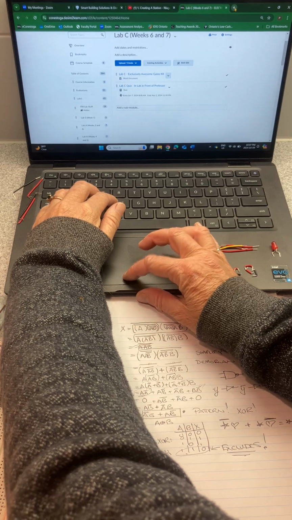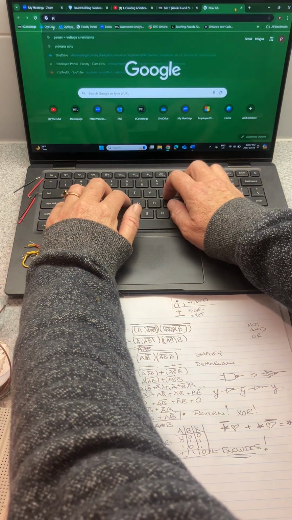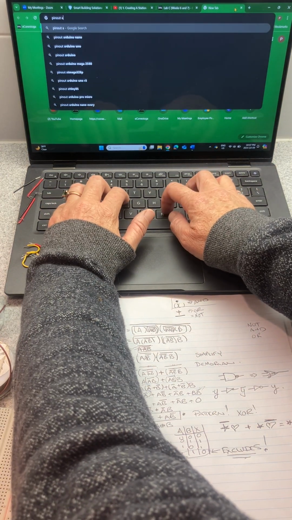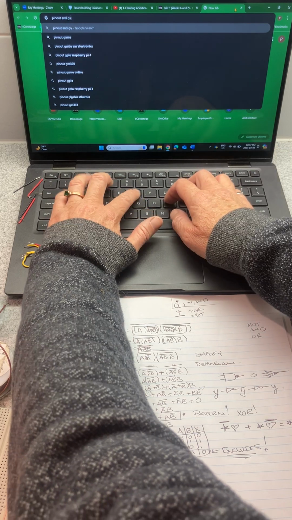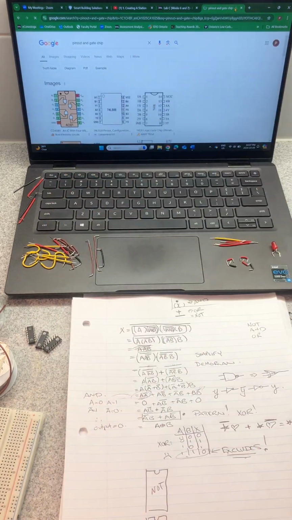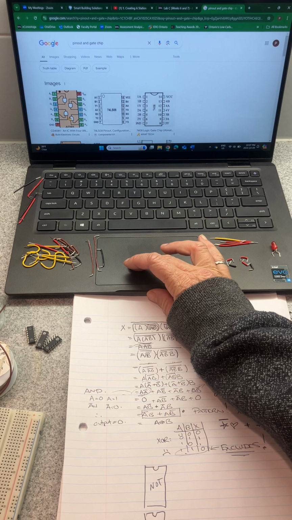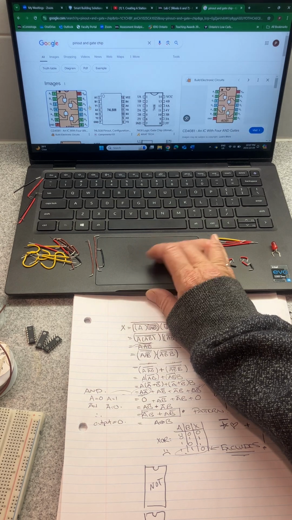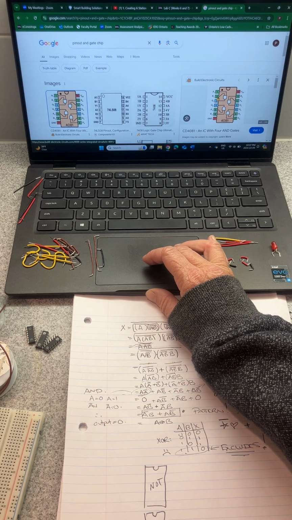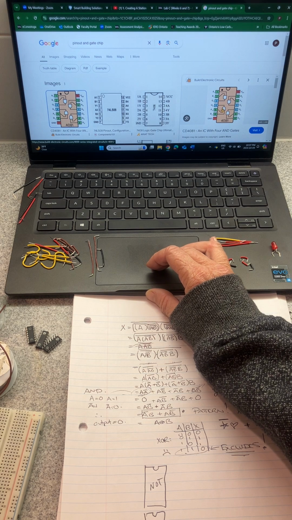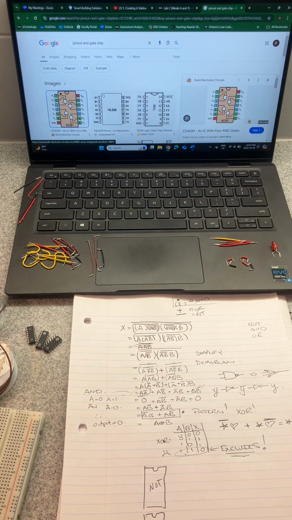So let's look at the pinout for, let's say, an AND gate chip. It's not a secret. It's not only me who knows it. Here's a pinout for an AND gate chip. It goes in, in, out. There's 1, 2, 3, 4 gates in there.